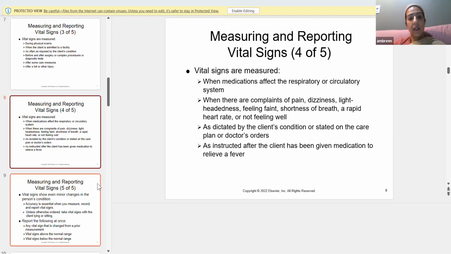As dictated by the client's condition or stated on the care plan or doctor's orders. Yes, again, we do not do vitals for everybody. As I have mentioned to you many times about MOST, MOST is a directive that tells us what to do and what not to do for your clients.